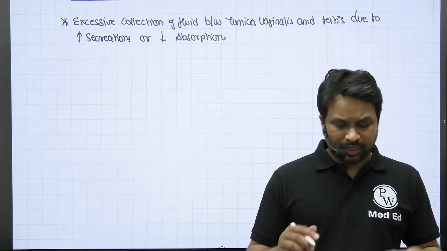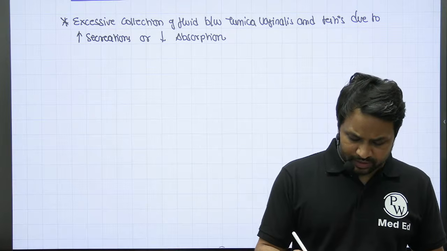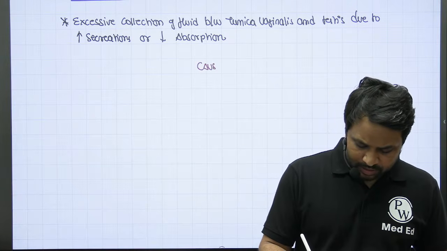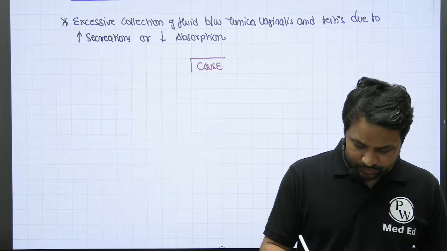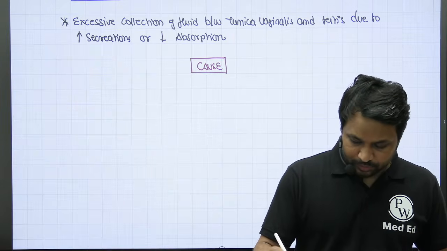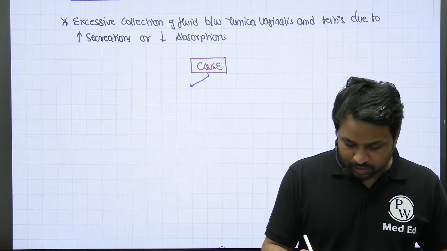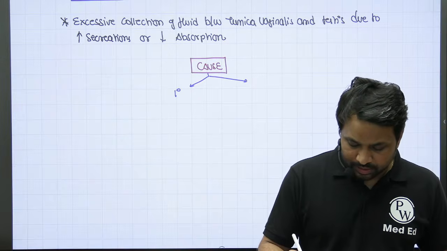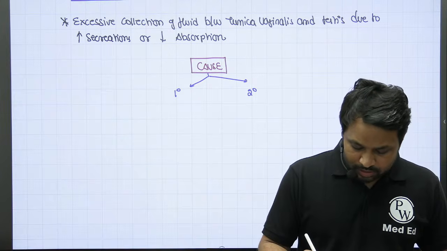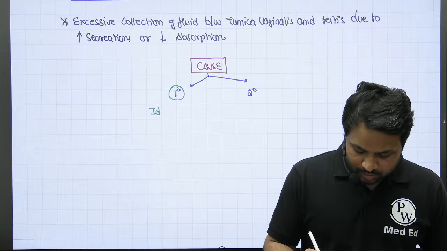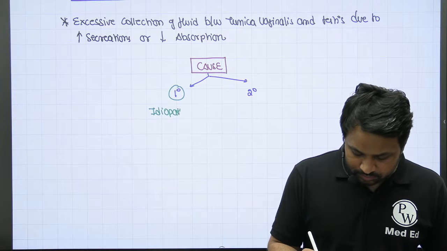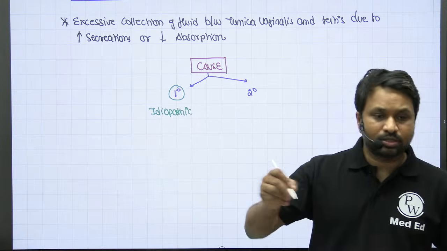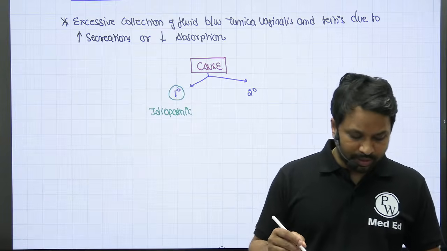Now, what are the causes of hydrocele? We divide them into two categories: a primary cause and a secondary cause. The primary cause is unknown, so it is still considered to be idiopathic.